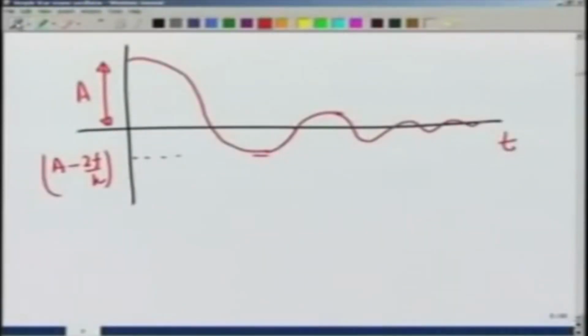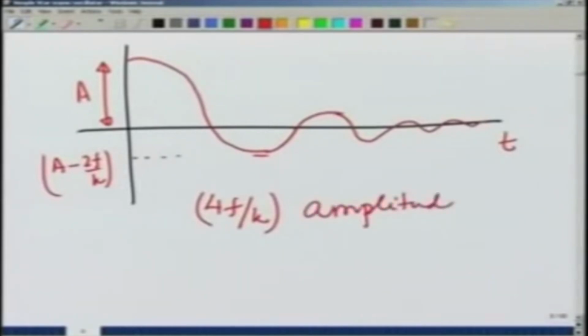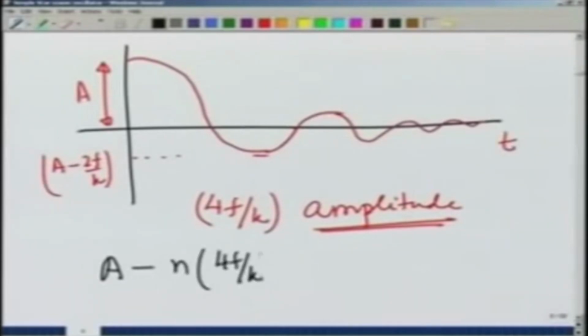How many cycles does it complete? Let us see that. So in each entire cycle, it is losing 4f over k amplitude. So this is the distance it is losing every time. Let us say it completes n cycles. So it would have lost from the initial amplitude a, n times 4f over k distance, and it finally comes to a stop.